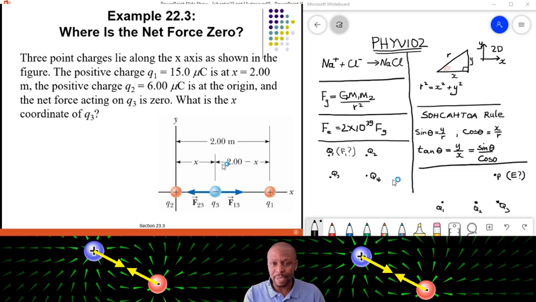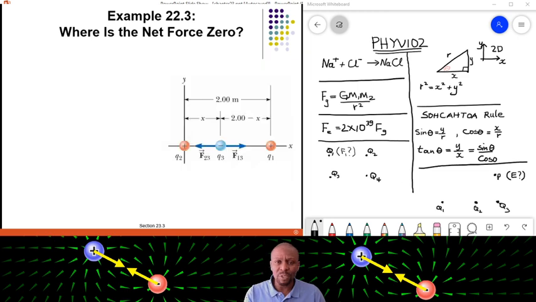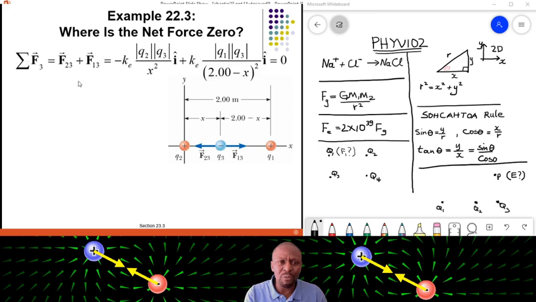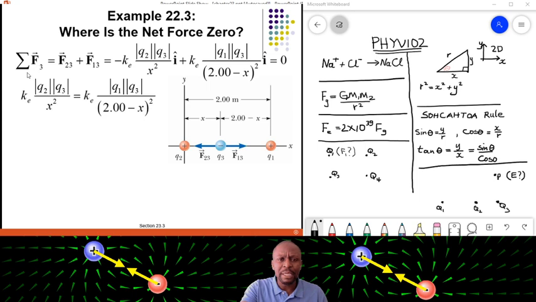Right. Now, let us just apply Coulomb's law. From the principle of superposition, the sum of all the forces must just be the algebraic vector sum of these individual forces. In that case, that must be equal to 0, because this Q3 does not move.